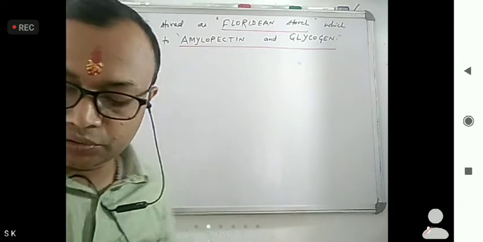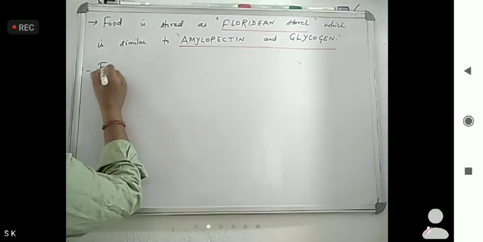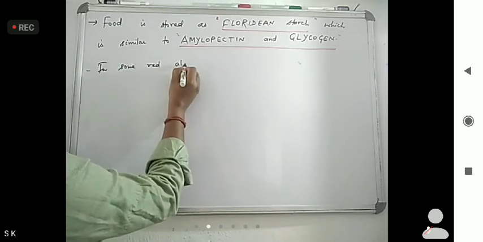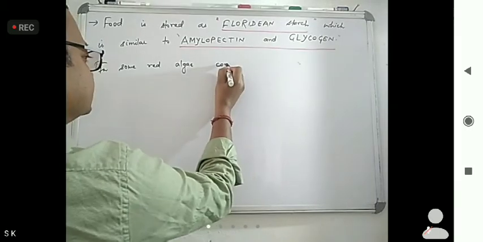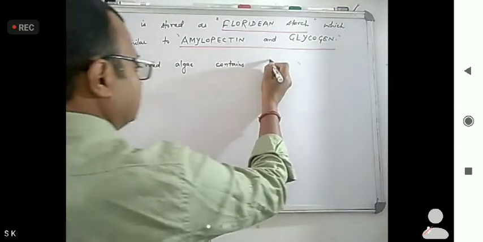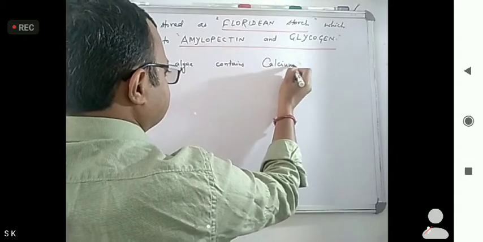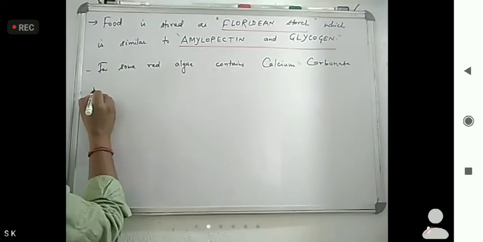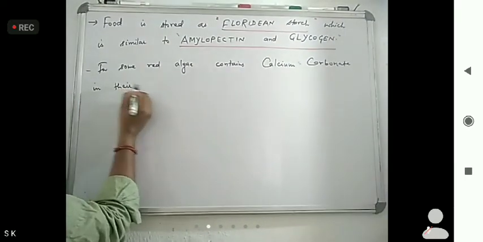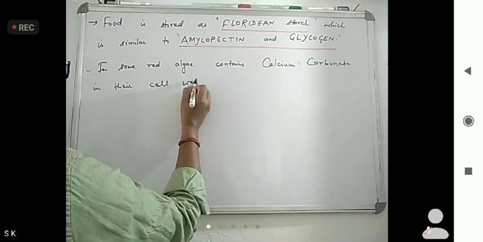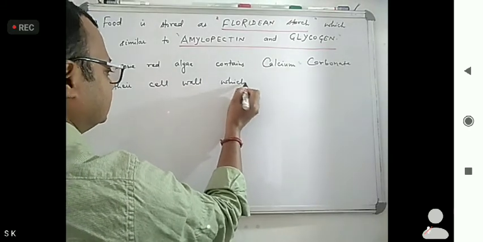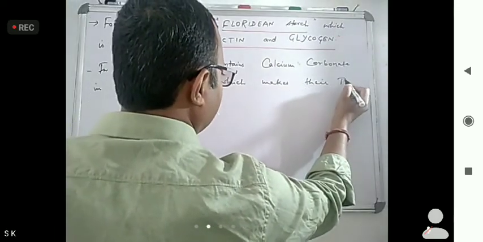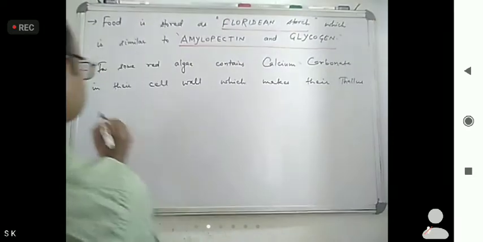Understood what I told? So some red algae contain calcium carbonate in their cell wall, which makes their thallus stony.